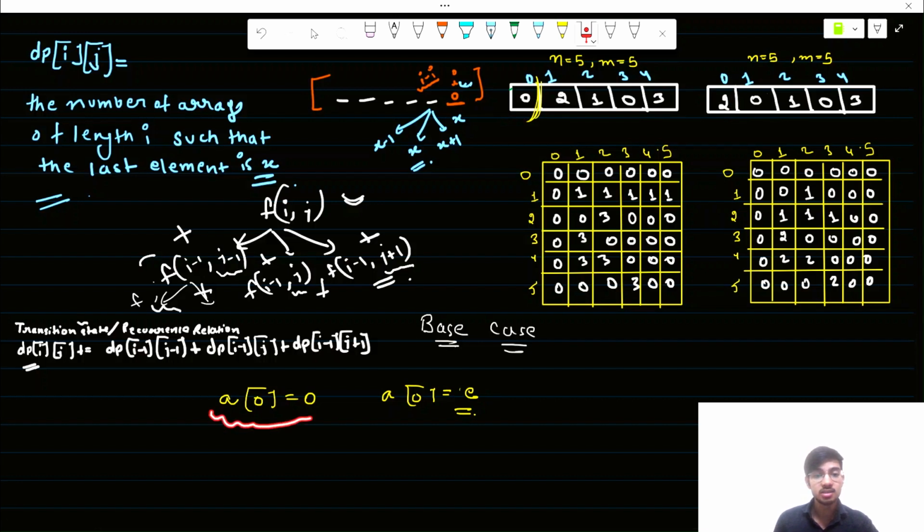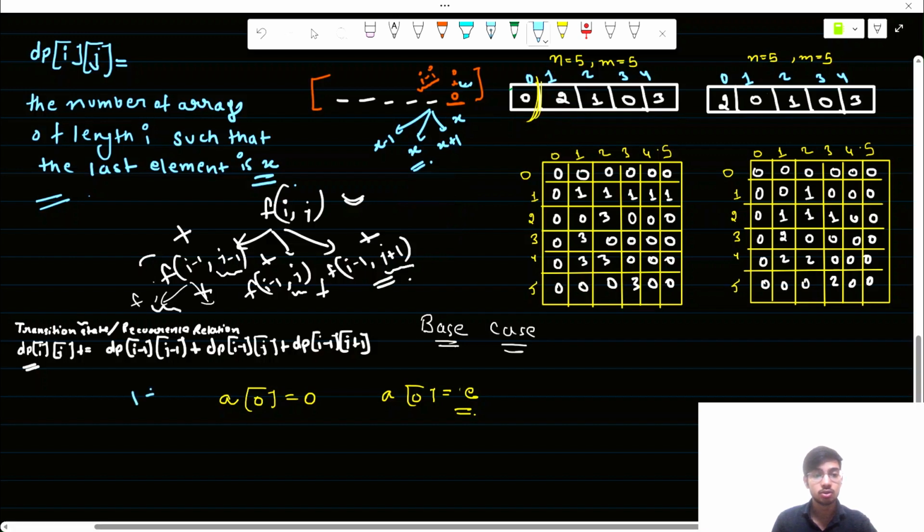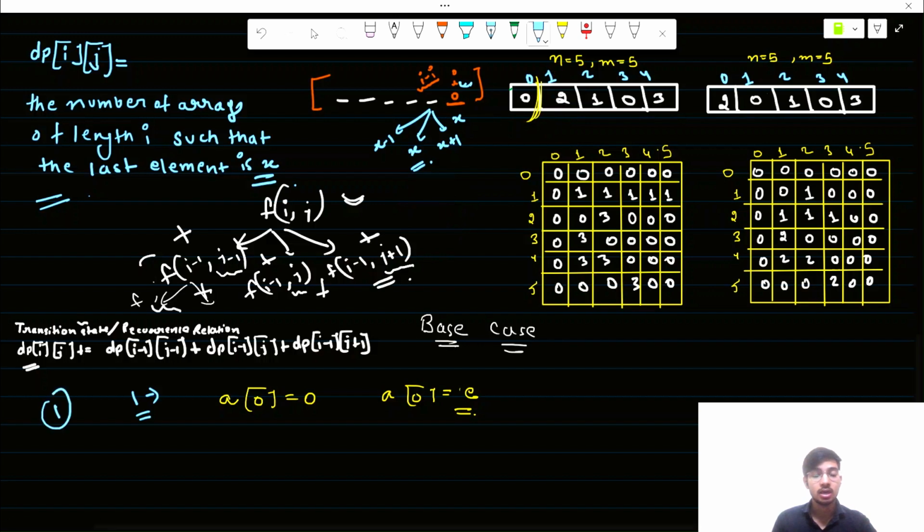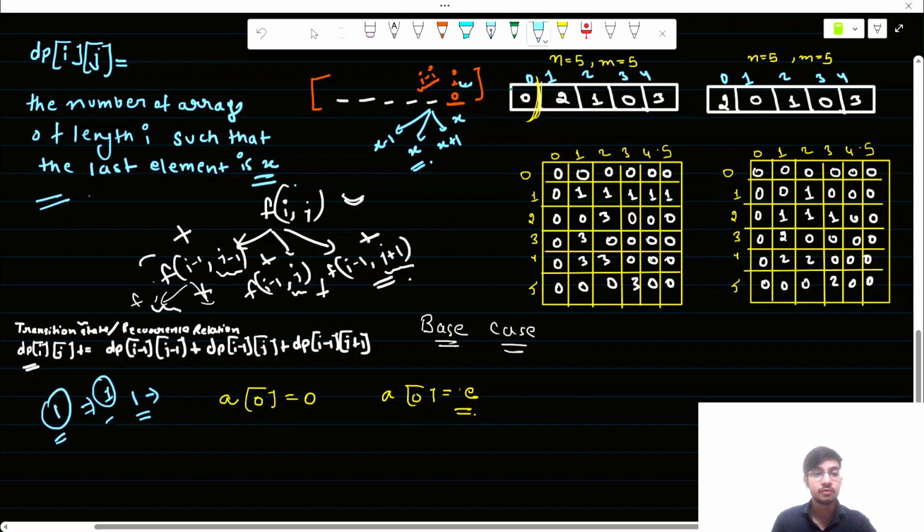So if it is 0, you can choose anything from 1 to m: 1, 2, 3, up till m. Whatever you choose, the number of arrays up till length 1 is going to be 1 for all the choices. If you choose 1, the number of arrays up till length 1 is going to be 1.